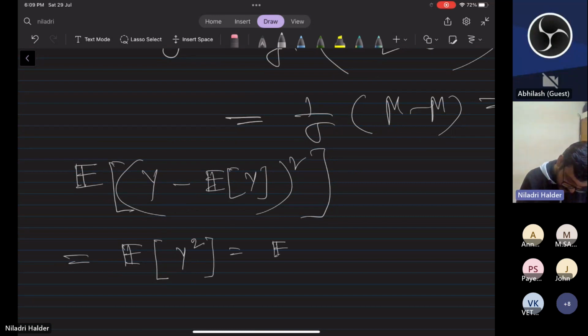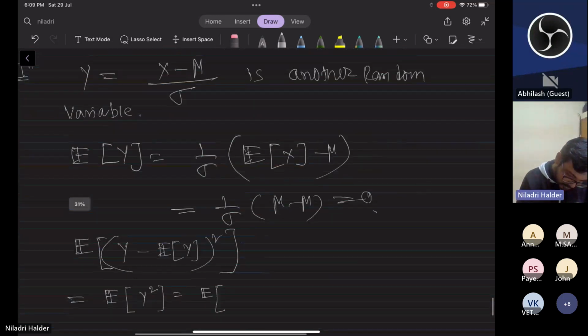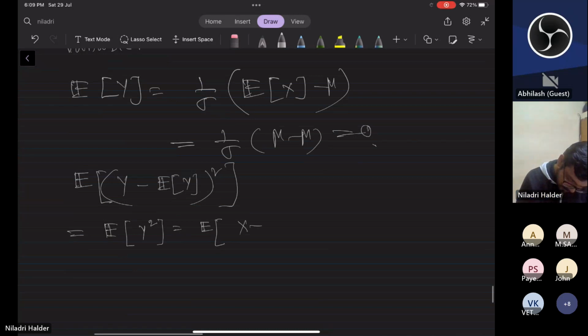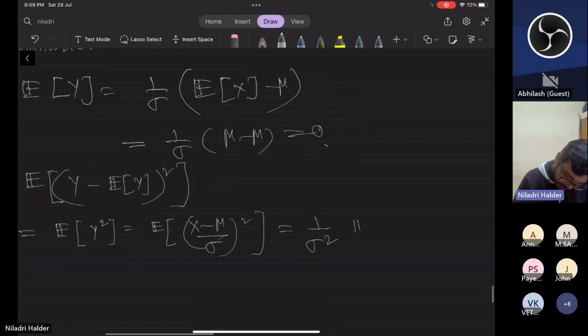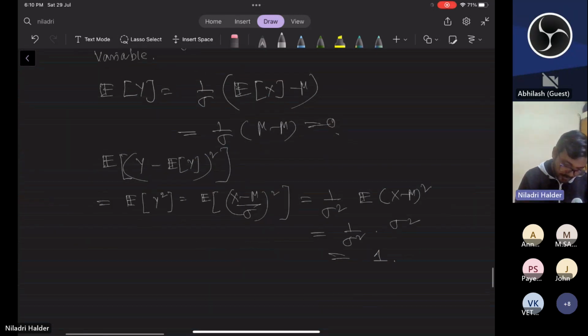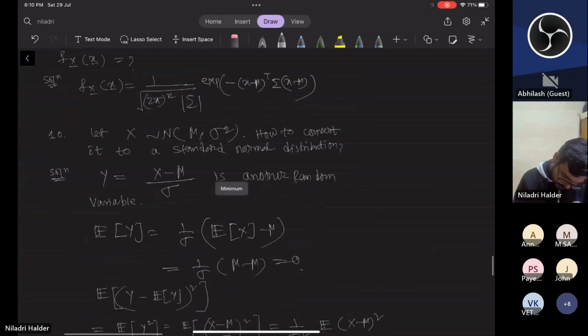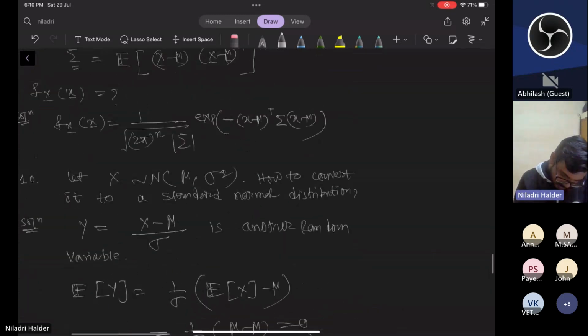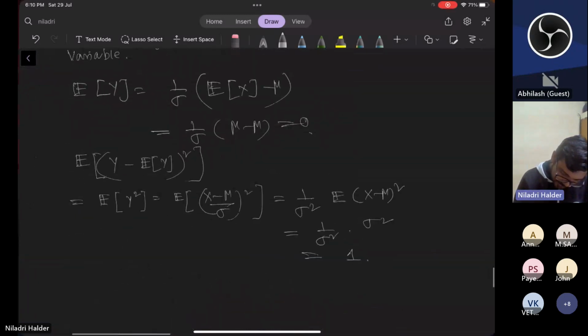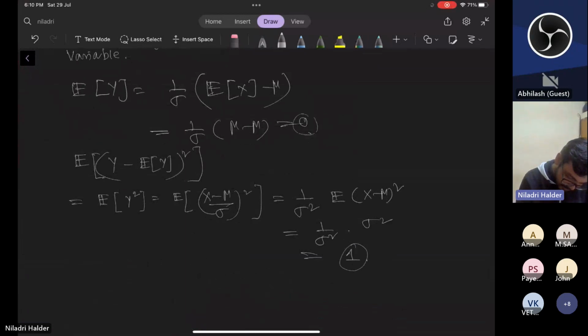The expectation of y squared is 1 by sigma square times the expectation of x minus mu squared, which equals 1 by sigma square into sigma square, that is 1. So here you can see that the standard normal distribution has variance 1 and mean 0.